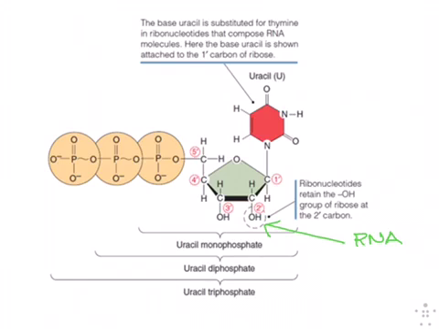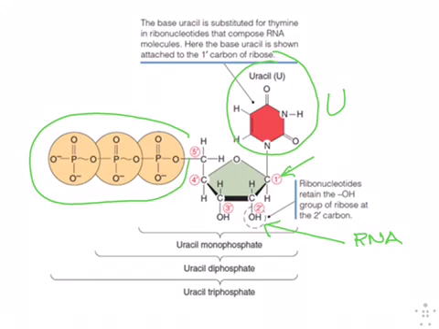It's not a deoxyribonucleotide, but it's a ribonucleotide. And you can see also that the nitrogenous base on carbon 1, it's uracil, okay, instead of thymine. And you can see the 3 phosphates right here on the 5' carbon.